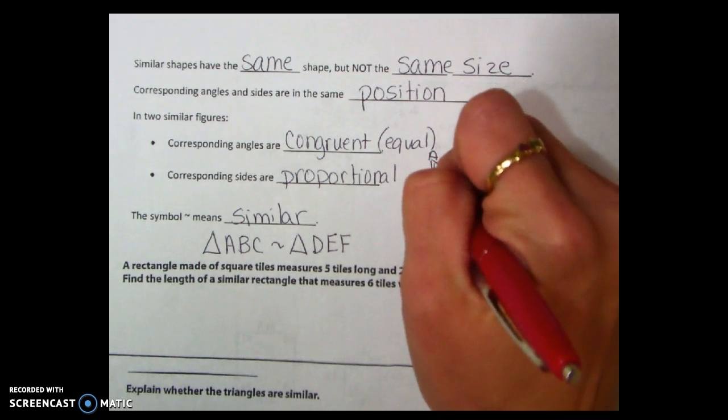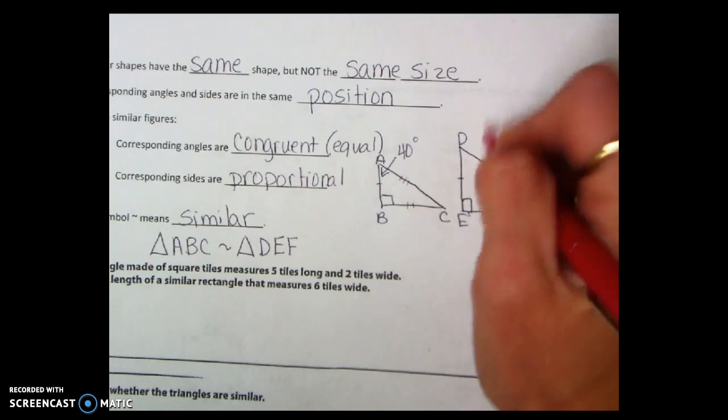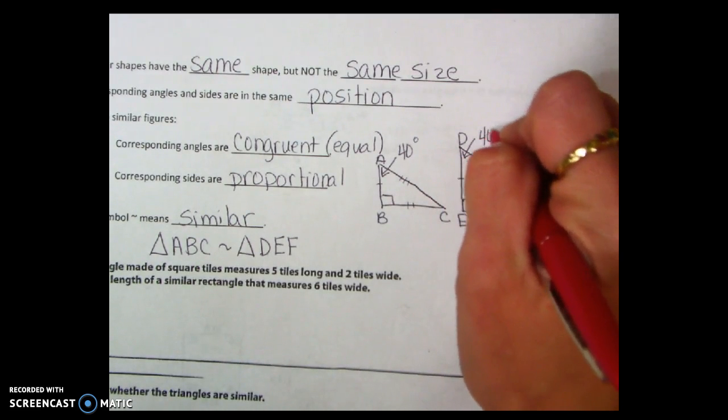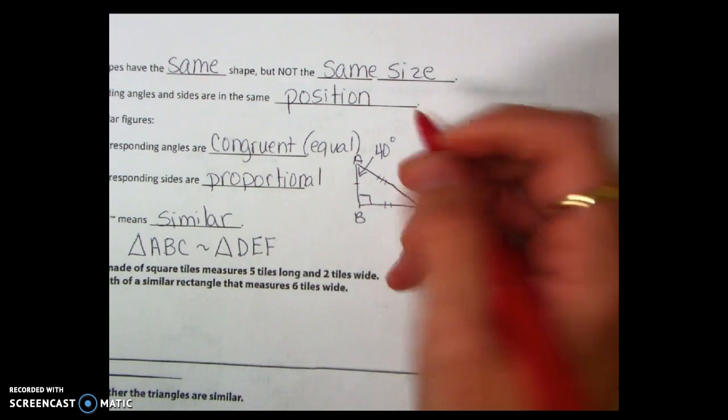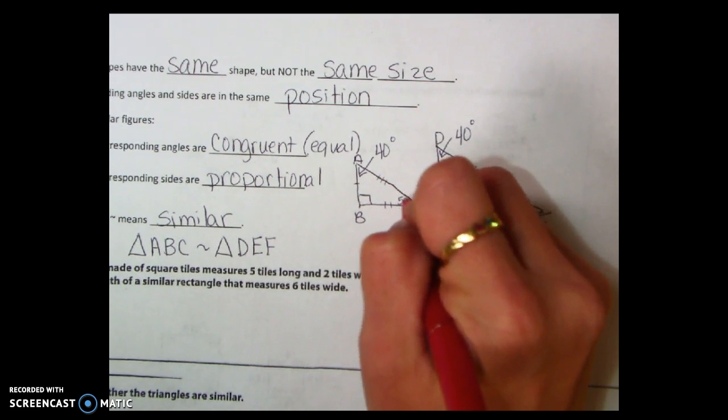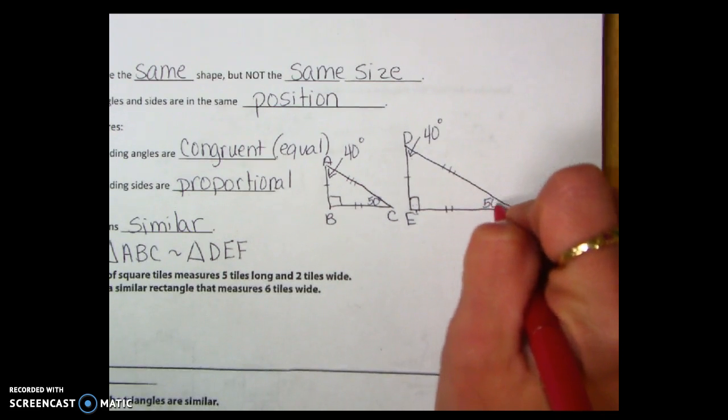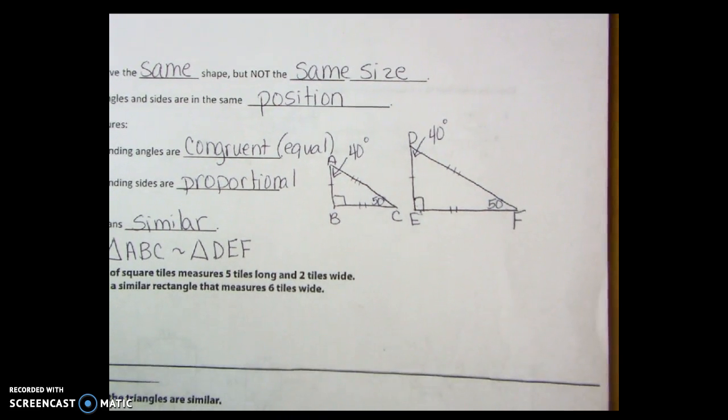So if we said this one was 40 degrees, then this one right here would also have to be 40 degrees. These two are both 90 degrees, so that would make this one 50 degrees, so this one would also have to be 50 degrees.